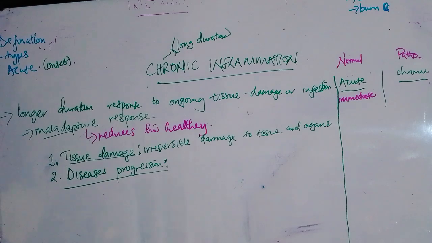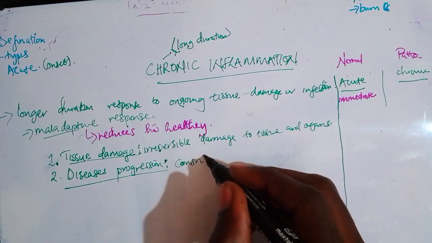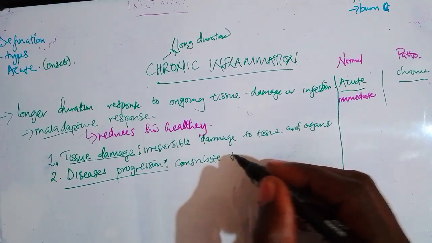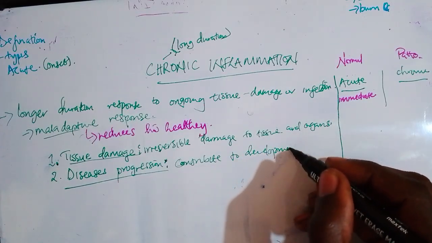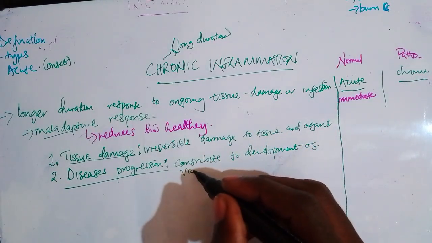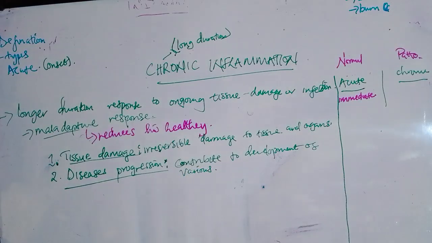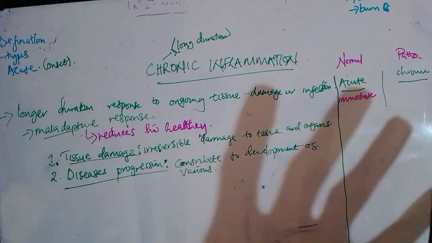So it can also contribute to the development of various diseases, in the sense that this is a persistent response which does not do what? Which does not heal. So therefore, other diseases will have a chance at entering your body.